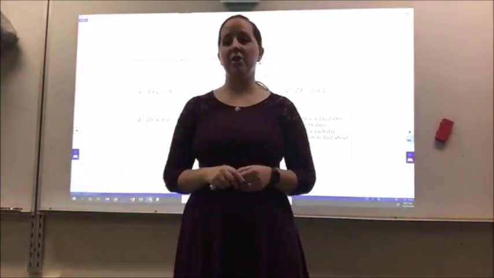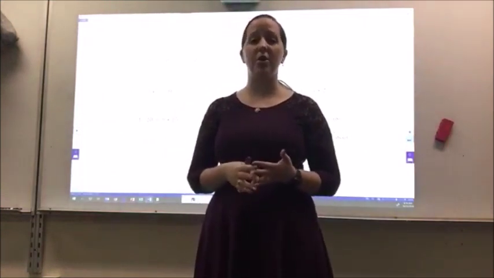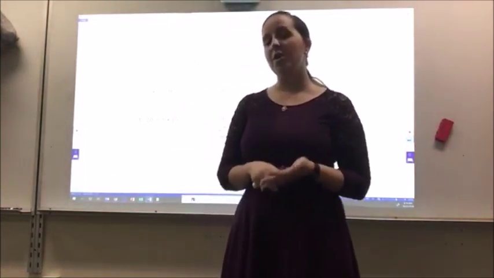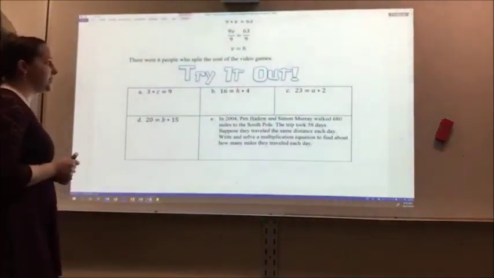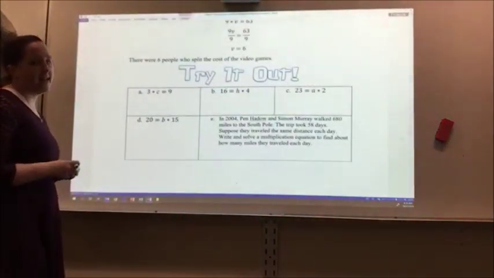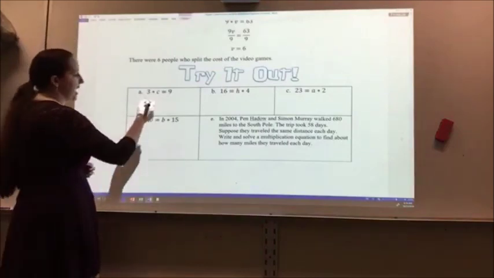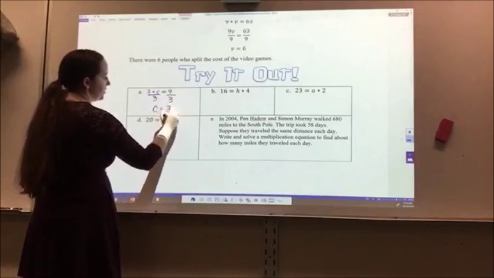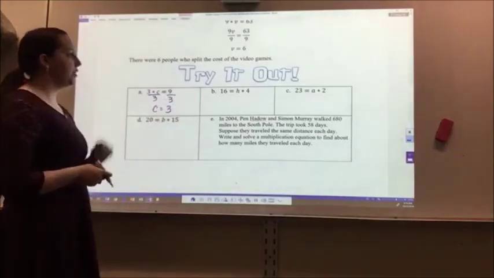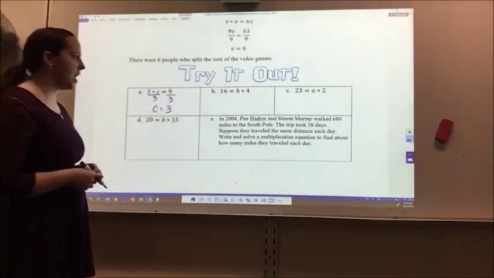All right, now that you've had a chance to try out the problems on your own, let's go over the answers together. For letter A, I have 3 times C equals 9. In this case, I'm going to divide both sides by 3. So C equals 3. For letter B, 16 equals H times 4.